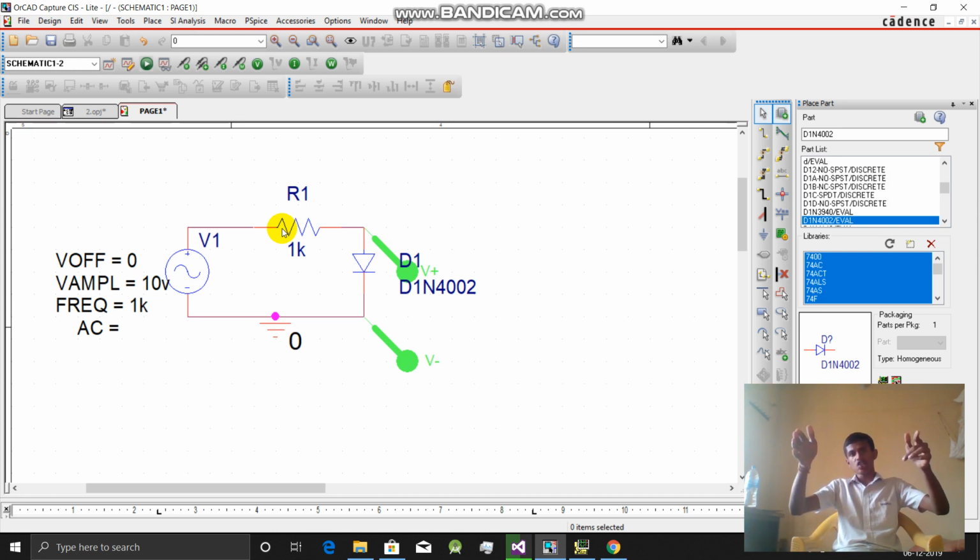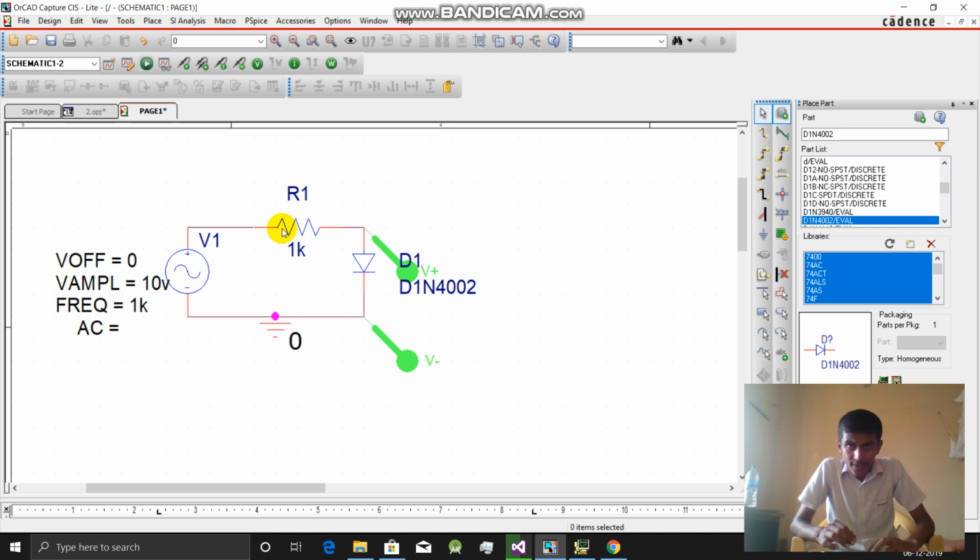The voltage across a closed path, across any closed wire, is 0. So we are not getting any waveform after 0.7 volt. During the negative cycle this diode won't conduct, so if we measure the voltage across the diode, we will get the same as the input voltage. This is called the positive clipper.